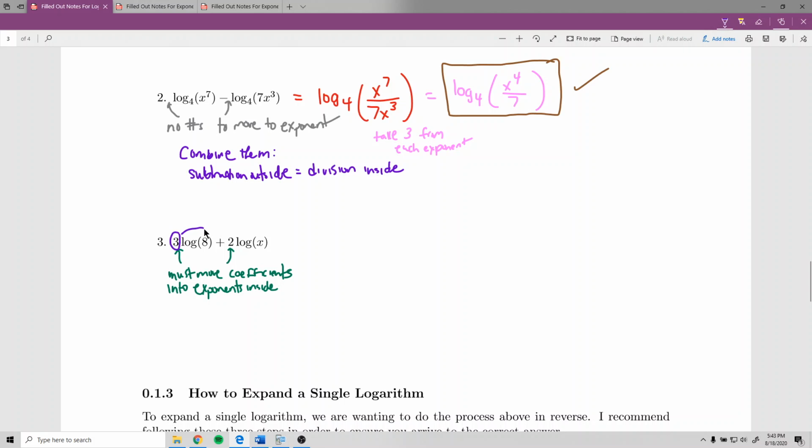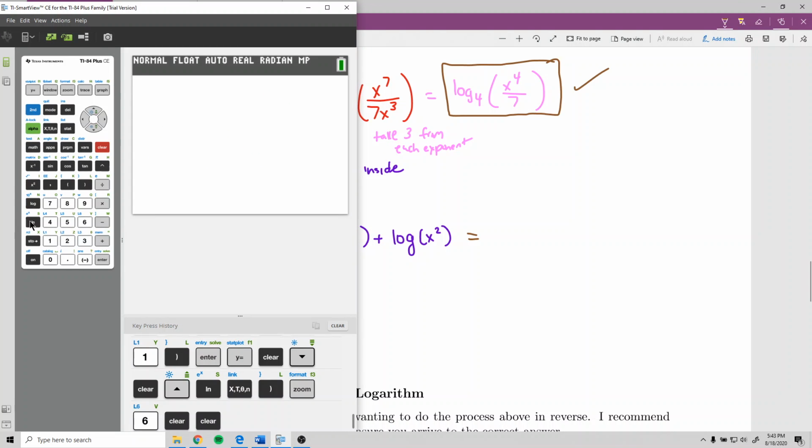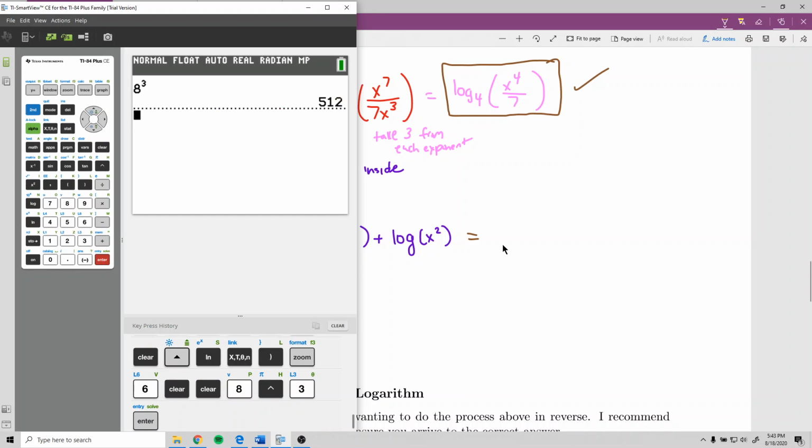The 3 goes inside on the 8, the 2 goes inside on the x. The log that it's stuck to is where it goes. So we do this first step, we get log of 8 cubed plus log of x squared. And now 8 cubed is a number, so let's just figure that out. 8 raised to the 3rd power is 512.